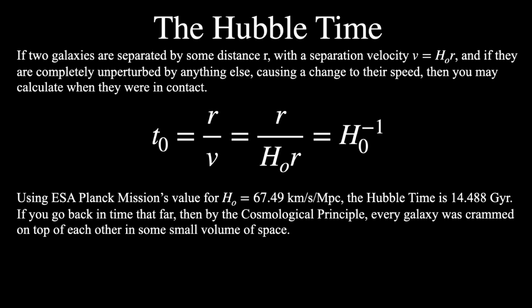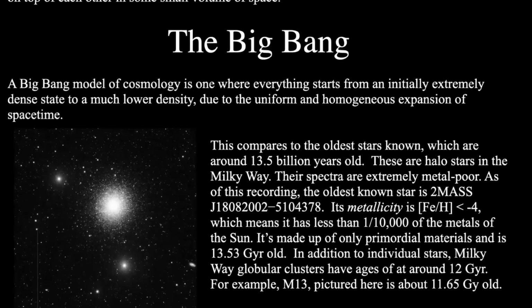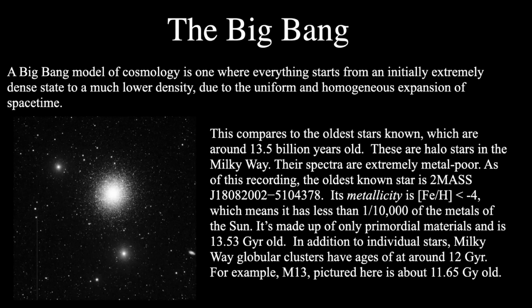This was extremely controversial in the 1920s, but is no longer controversial today. So the Hubble time provides us a characteristic time of the universe. Taking a closer look at Georges Lemaître's idea of the Big Bang, basically a Big Bang model of cosmology is one where everything starts out from some initially extremely dense state and then goes to a much, much lower density state due to this uniform and homogeneous expansion of spacetime. All right, so that's interesting.